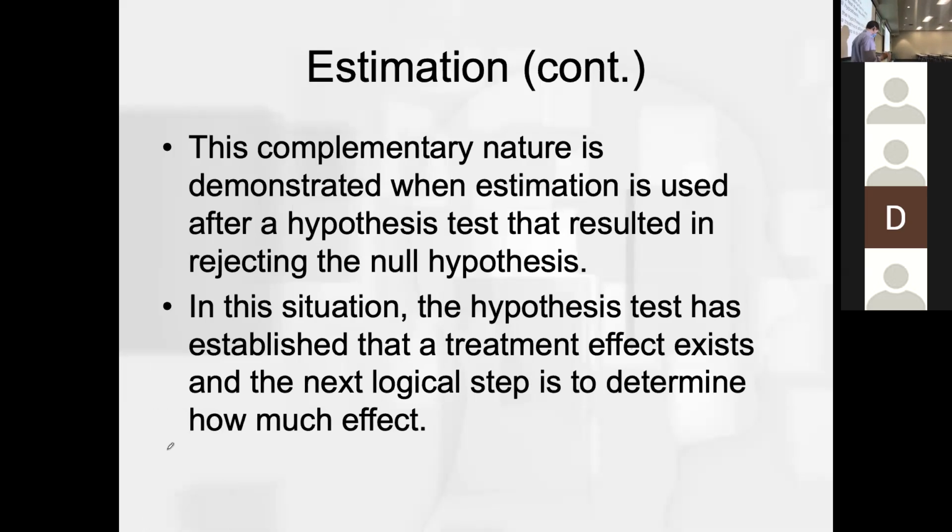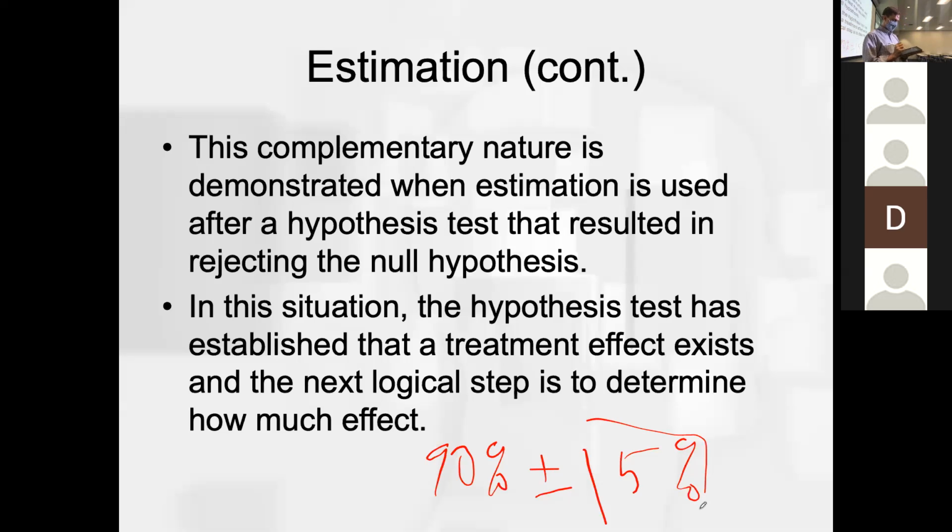And I said, I've got an algorithm that suggests my score is going to be 90% plus or minus 5%. And we'll talk about confidence intervals in just a minute, but we'll say this is the 95% confidence interval. And so I can say with 95% certainty that my score will be somewhere between 85% and 95%, right? And so it allows me some degree of uncertainty, right?